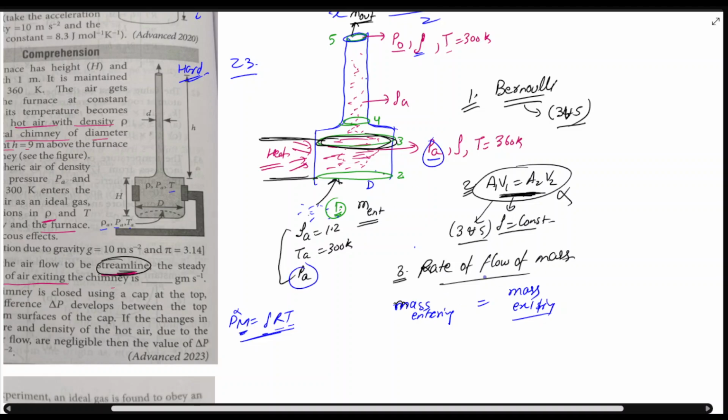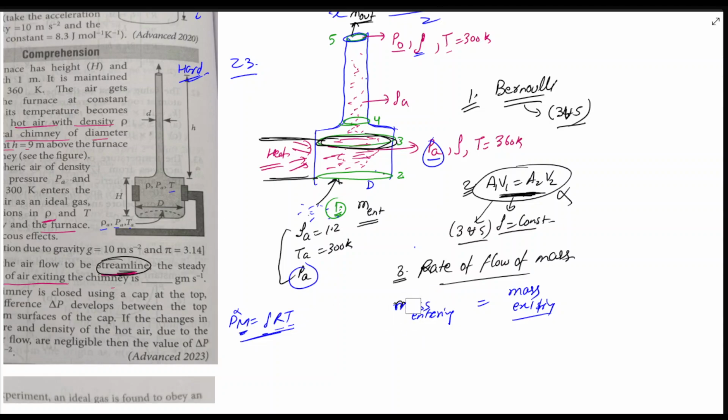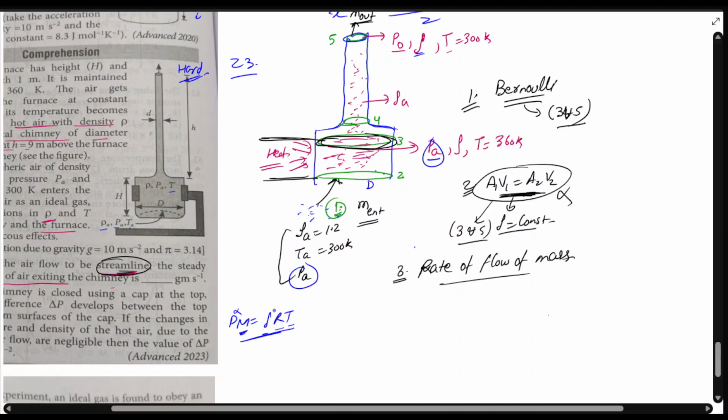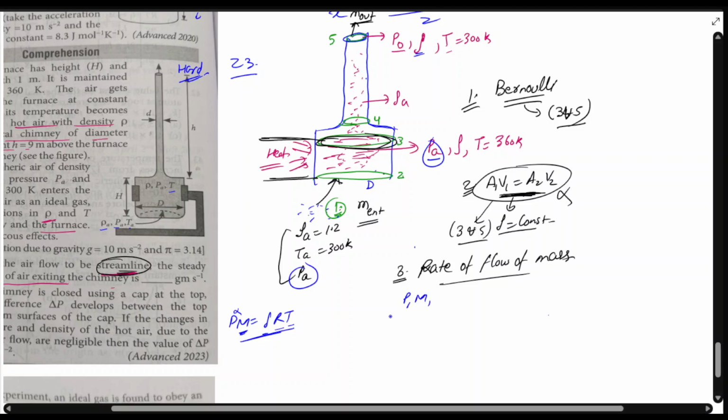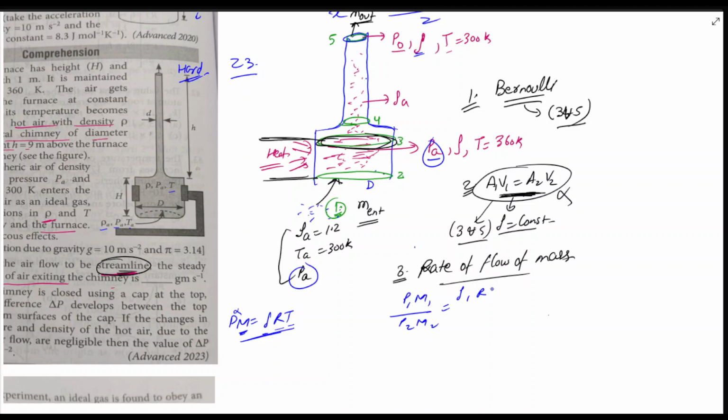To find the rate of flow, we will use the ideal gas equation at 1 and 3. So P1 M1 divided by P3 M3 will be equal to rho 1 R T1 upon rho 3 R T3. Now the pressure is the same at 1 and 3, the molar mass will be the same, the gas is the same.